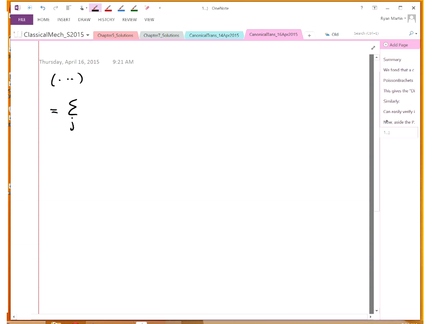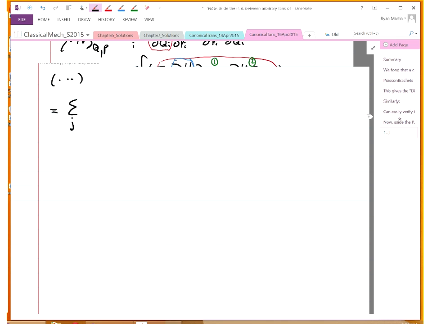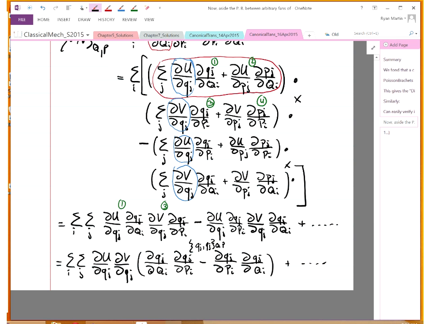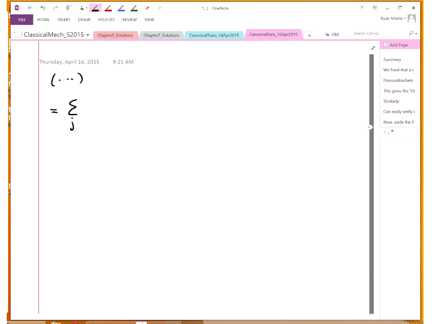So many math later, what you find this whole thing equal to, it's now the sum over j. If I do the sum over i, basically it turns that into a Poisson bracket. Right? So a Poisson bracket has a sum inside of it. So the final result doesn't have the sum over i anymore.